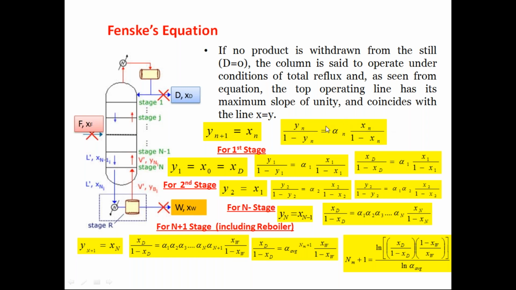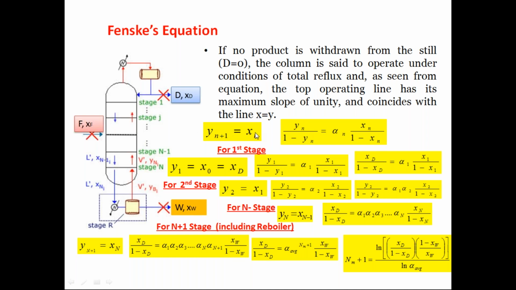So this by this, as per the definition of relative volatility, you will get alpha. The alpha value at different n indicates the different stages, so alpha varies from stage to stage. Then this is the equilibrium relation which you will get.